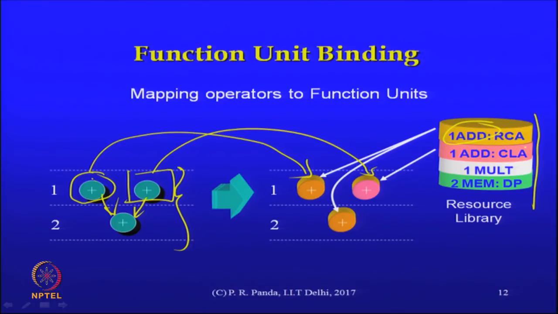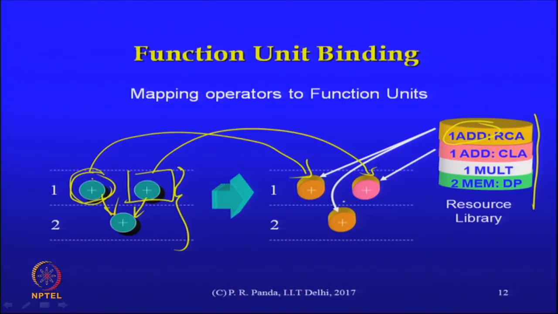So, this decision happens as part of the function unit binding step. Each of those operations that are being scheduled, we have to map to an appropriate component in the library. That is the function unit binding step.